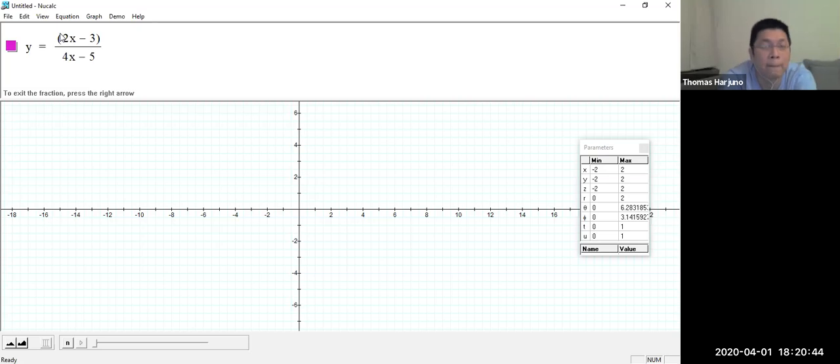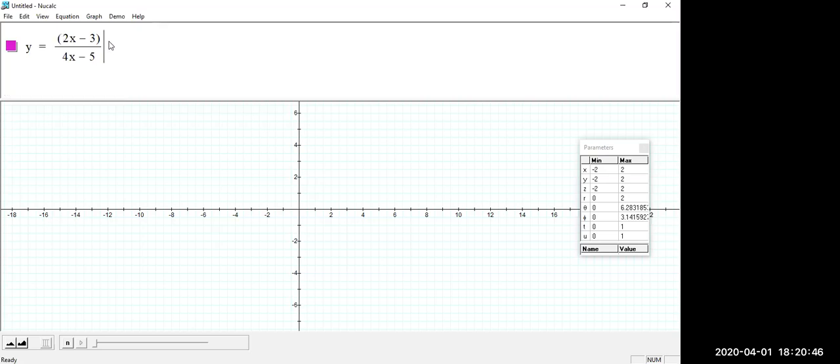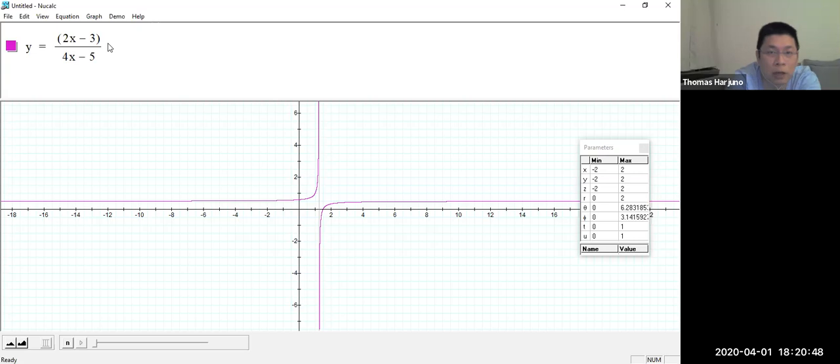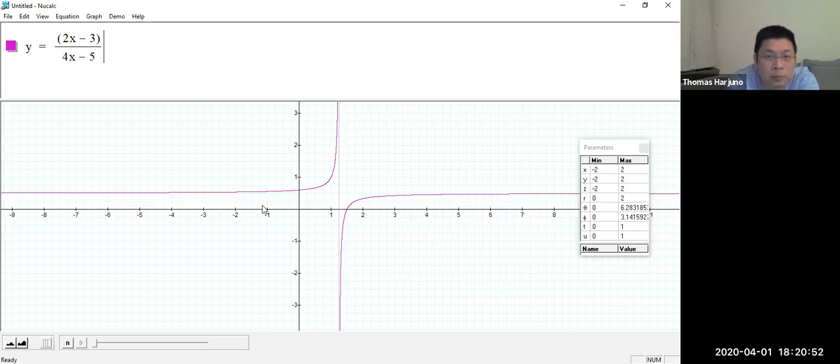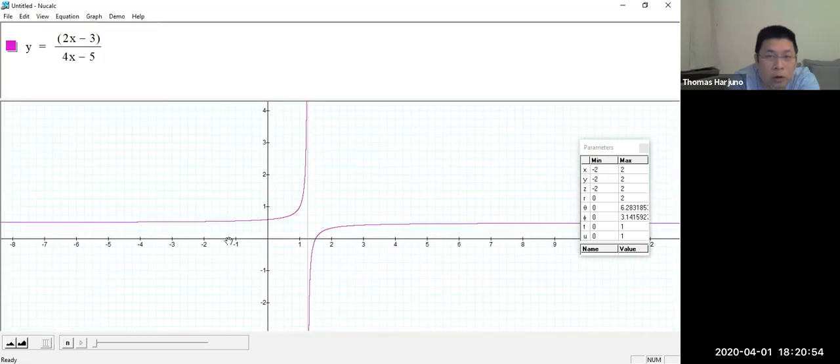Is it right? Yes. And the graph will look like this. That's what the graph looks like. The horizontal asymptote is y equals 1/2. Right? That's the horizontal asymptote, while the vertical asymptote is x equals 5/4.